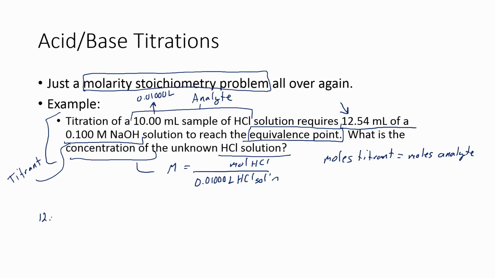Now the next step's a little harder, but let's see what we have to do. 12.54 milliliters of HCl solution. We're going to calculate from here into, oh, that's not HCl solution, that's sodium hydroxide solution, my mistake.